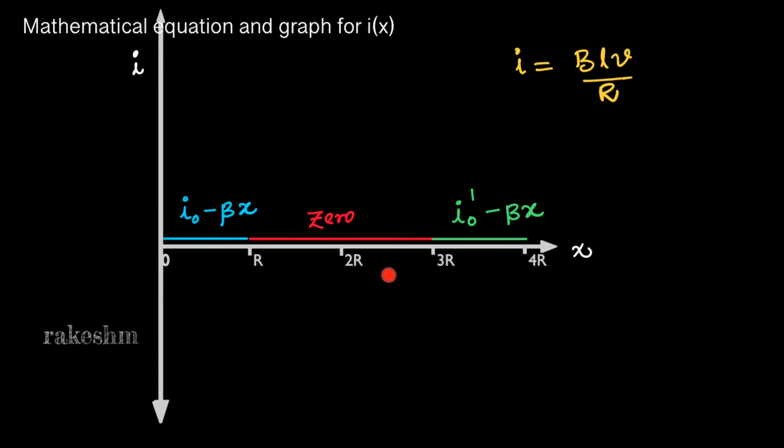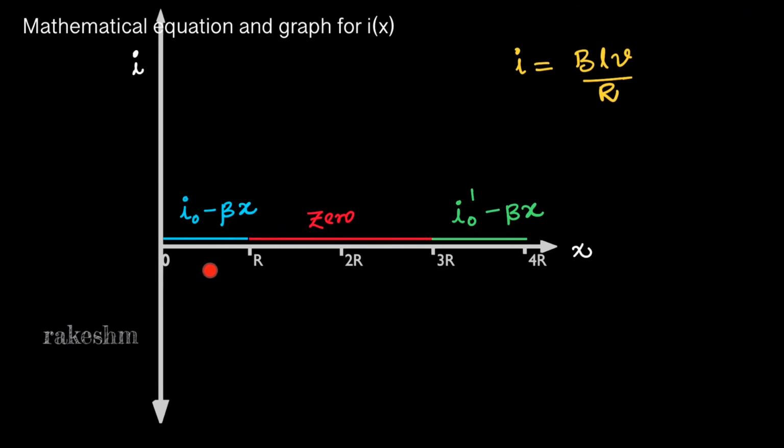From R to 3R, we discussed that the magnetic flux through the loop is constant. So the induced current in the loop must be 0. Next, from 3R to 4R, again there will be an induced current. It will have a similar profile as that of the velocity. So we are writing that as I0 dash minus beta into x.